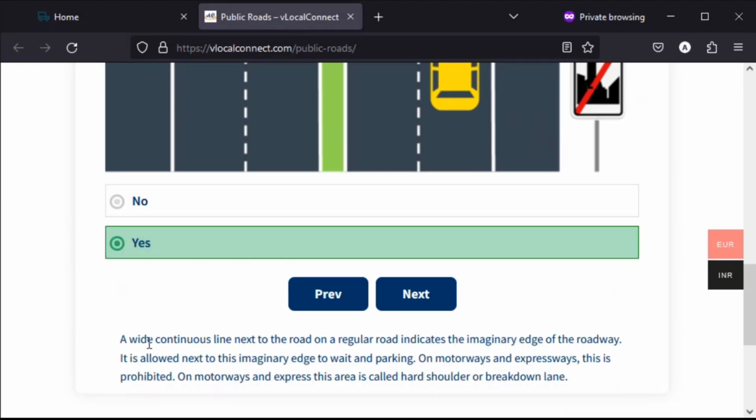As it says, a white continuous line next to the road on a regular road indicates the imaginary edge of the roadway. This is only the case outside a built-up area on a regular road. But if it is a motorway or expressway, this is prohibited. Okay, so our selection is correct.